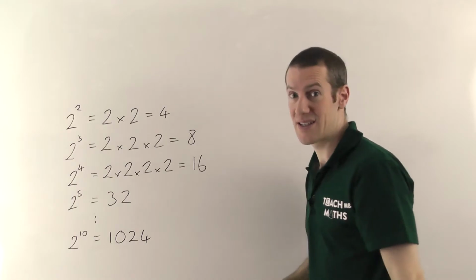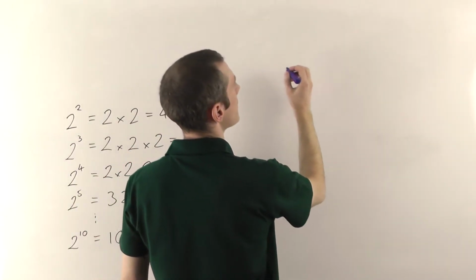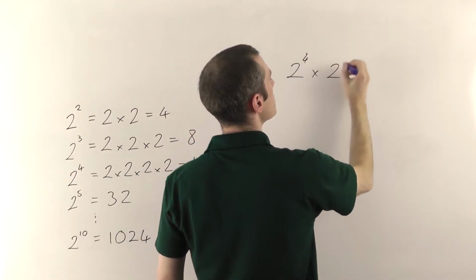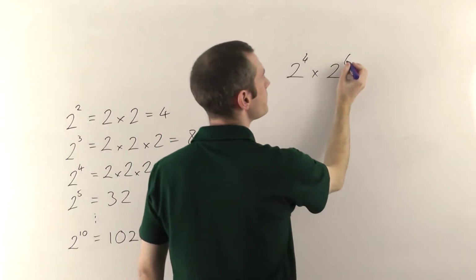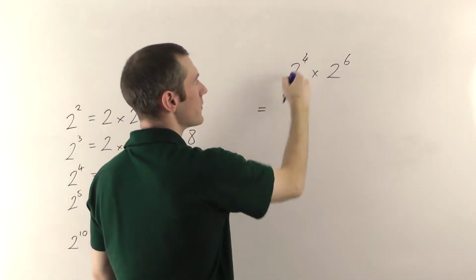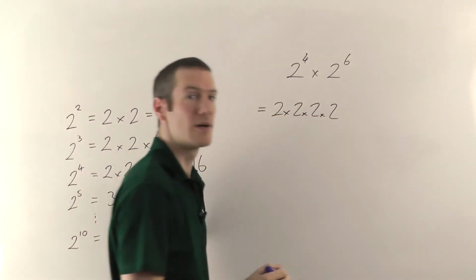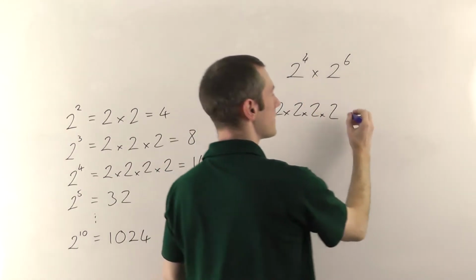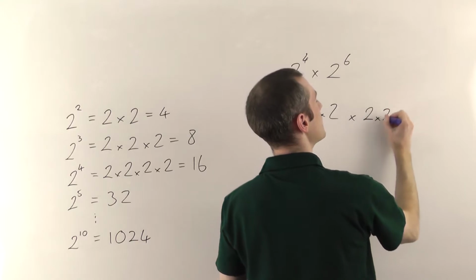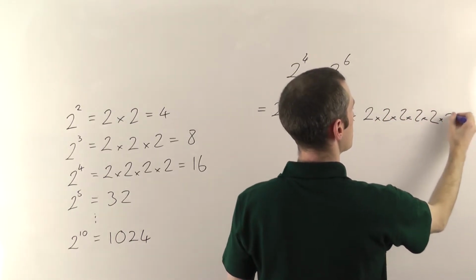That's the basic concept. So let's imagine you've got 2 to the power 4 times 2 to the power 6. Now what that means is 2 to the power 4 is 2 times 2 times 2 times 2, and then we're going to times that by 2 to the power 6, which is 2 times 2 times 2 times 2 times 2 times 1 more 2.